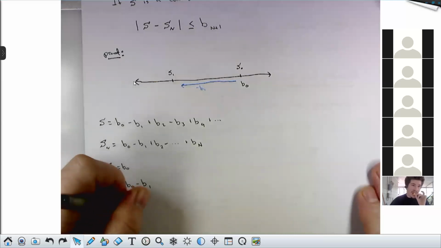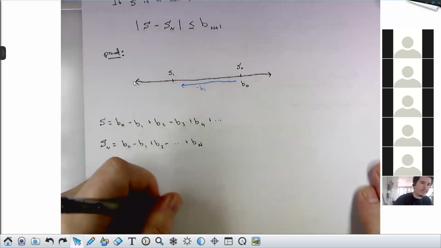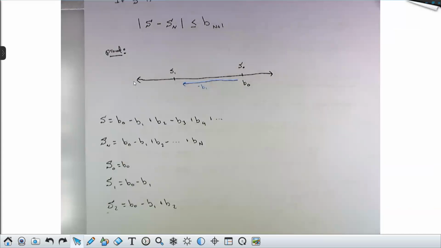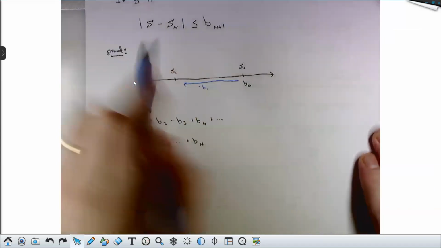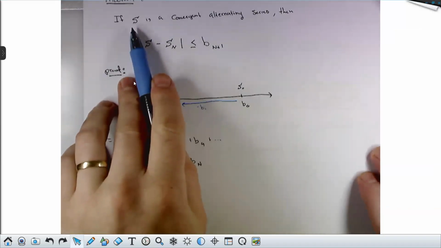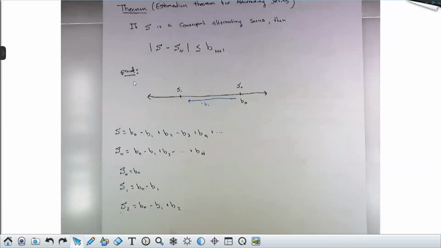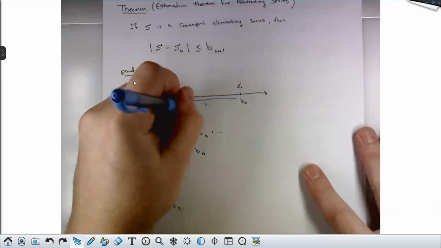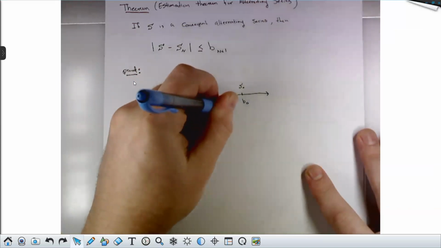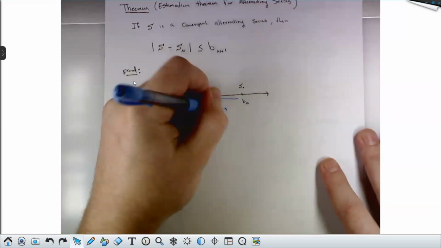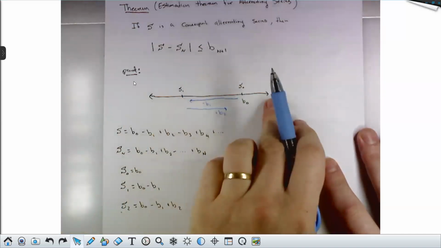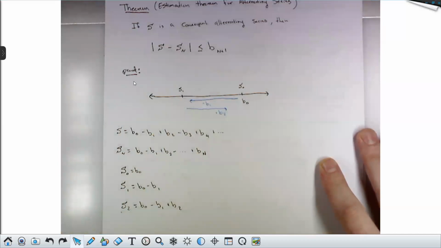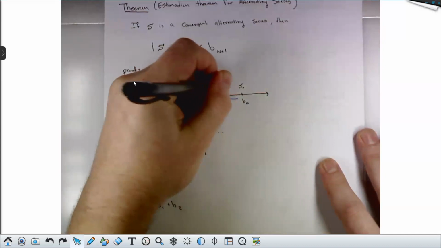S2 is B0 minus B1 plus B2. So to go from S1 to S2, we go to the right. We are adding B2. And since this is a convergent alternating series, we can trust that B2 is smaller than B1. So we're going to walk back to the right some amount. That amount is plus B2. And I'm not going to walk past this guy, which lands S2 right here.